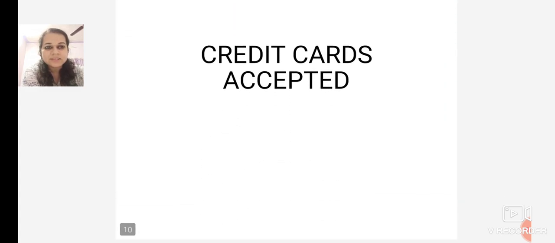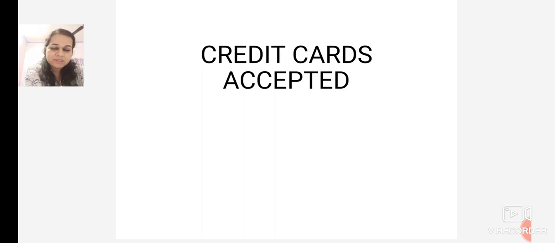Credit cards accepted. Where do you see this notice that credit cards are accepted? Nowadays, you don't have to take money in cash. You can pay by credit card. You can pay through the mobile phone. So where is it written that you can pay by credit cards? In a restaurant or on a bus?